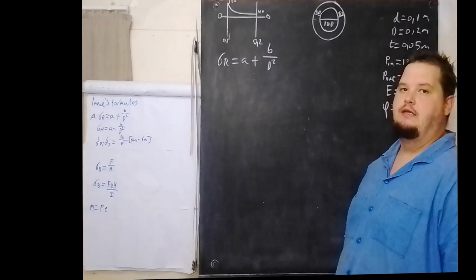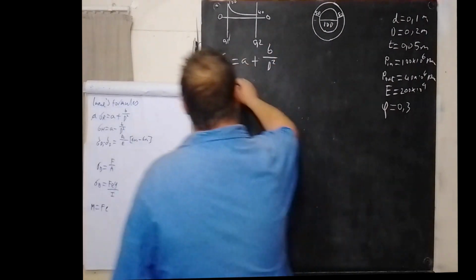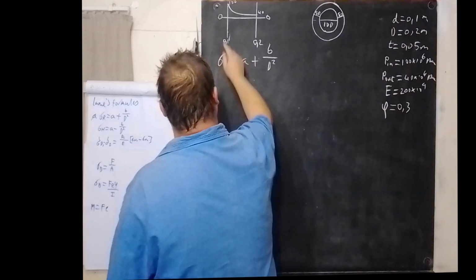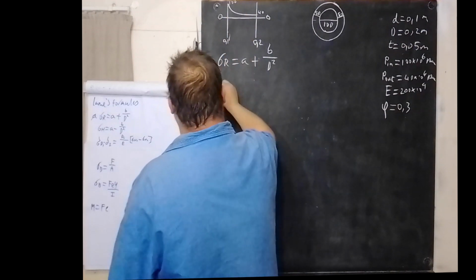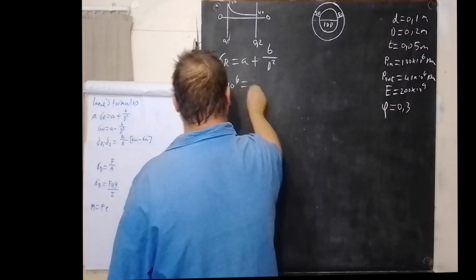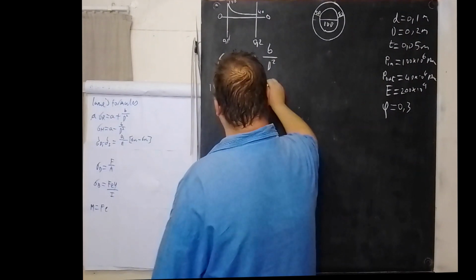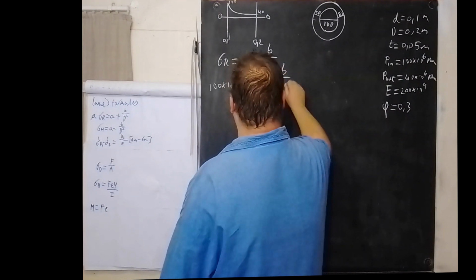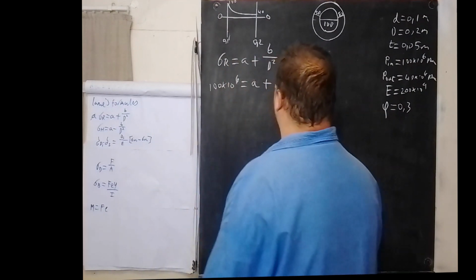It can be any D. Now we're going to work out A and B. So now we're going to work at 0.1, so that is at 100. 100 times 10 to the 6 equals A plus B over 0.1 squared.